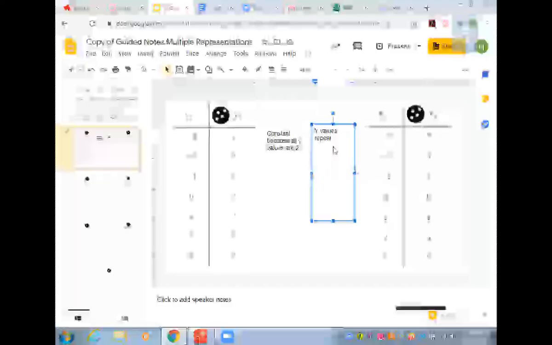So y values repeat, which means it could be quadratic. Relationship between x's and y's indicate the y's are the x's squared.